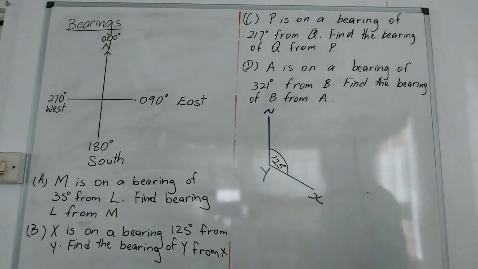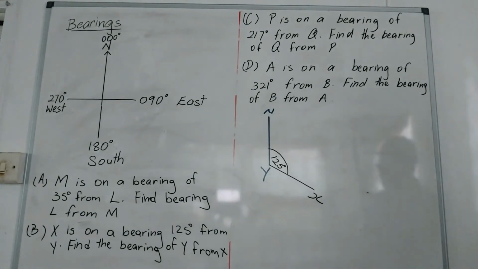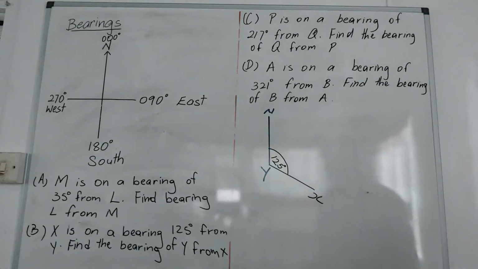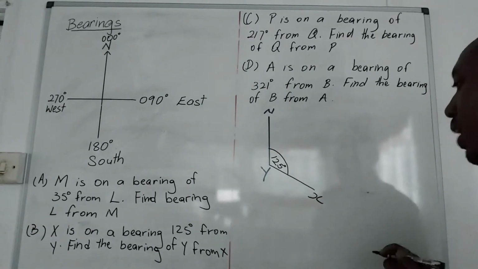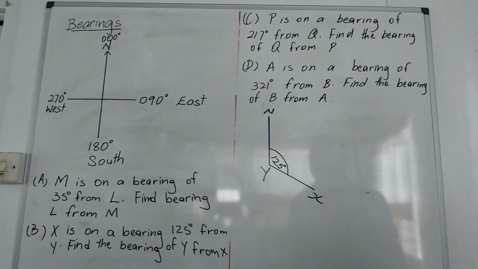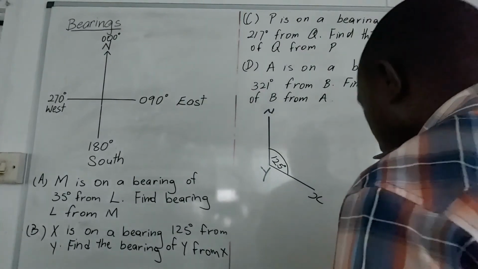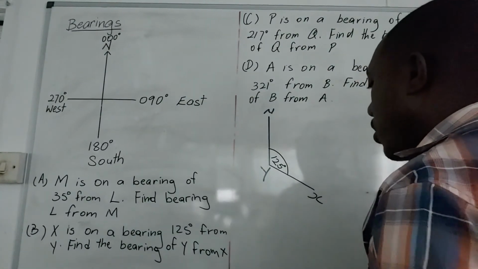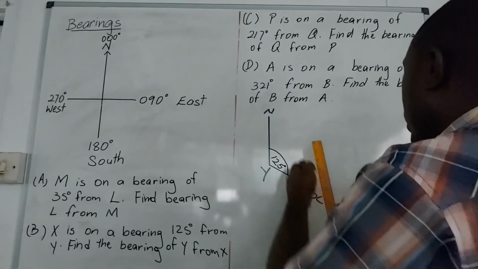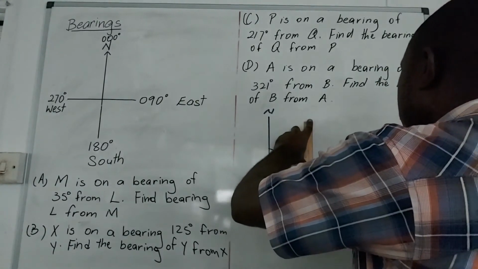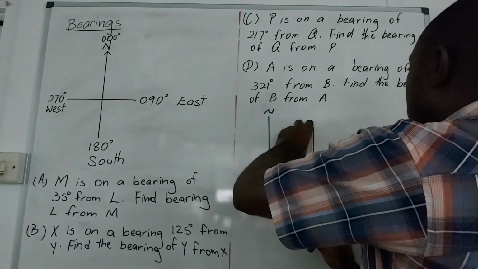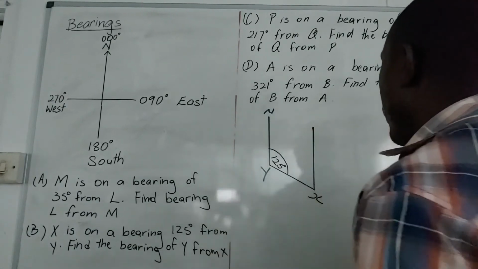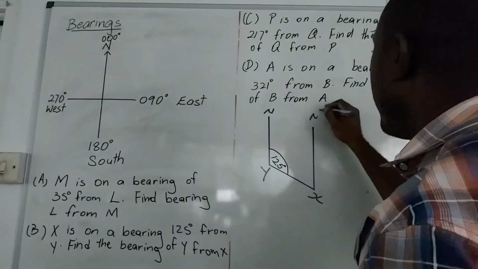Next, we have to calculate the bearing of Y from the point X. So at X, we will draw our north line. We will draw another north line. So here we have our north line.